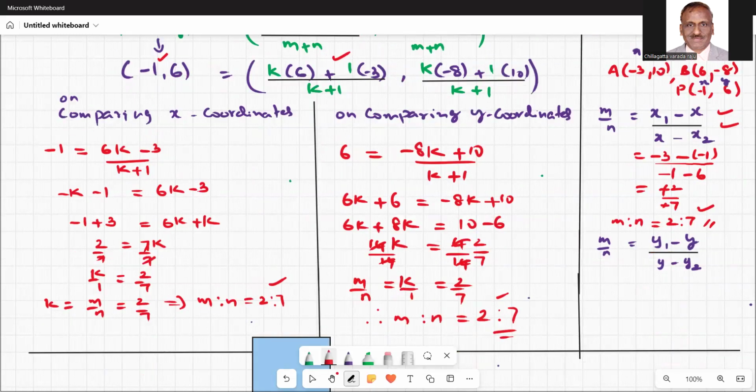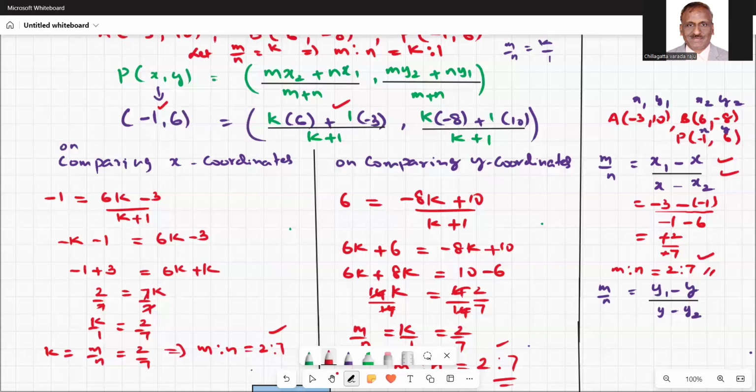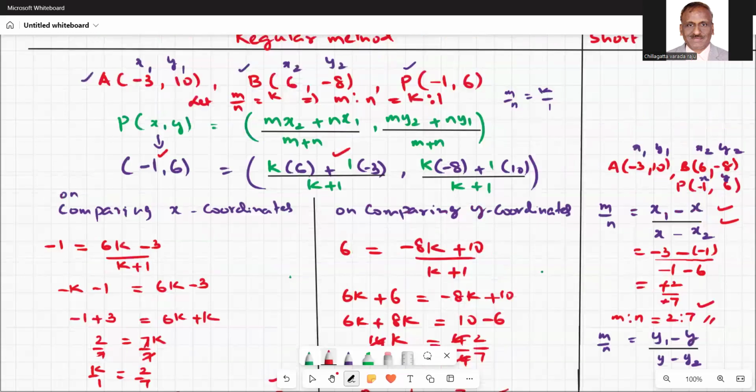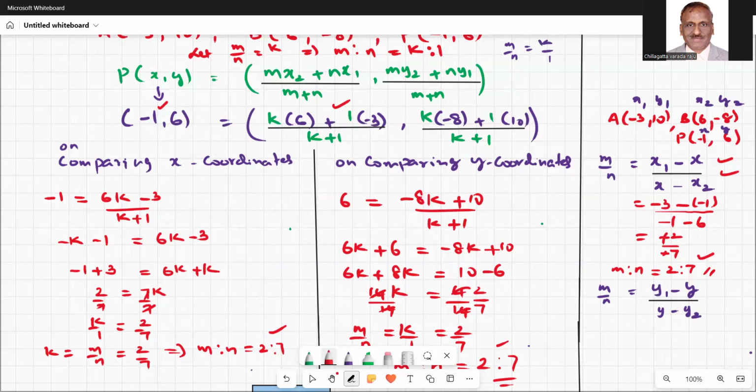So what are the Y coordinate values here? Take these values once again and substitute them in the formula Y1 minus Y by Y minus Y2, because we are comparing the Y coordinate now. So substitute these values once again in the formula.